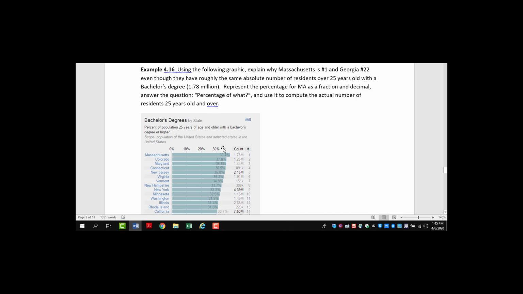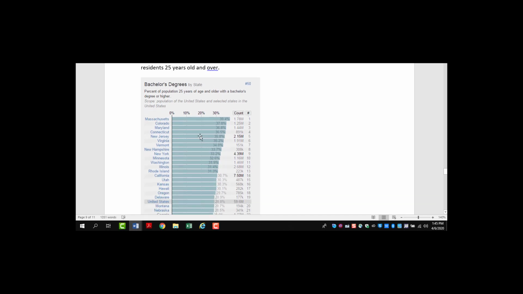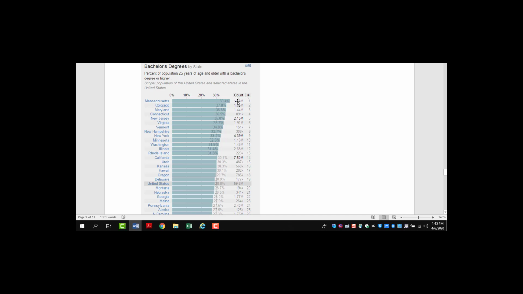So what they're saying here, Massachusetts has 1.78 million people with a college degree or over. Georgia is way down here with 1.77 million. So they have almost as many people with a college degree. Why is it ranked down here and Massachusetts is ranked up here?